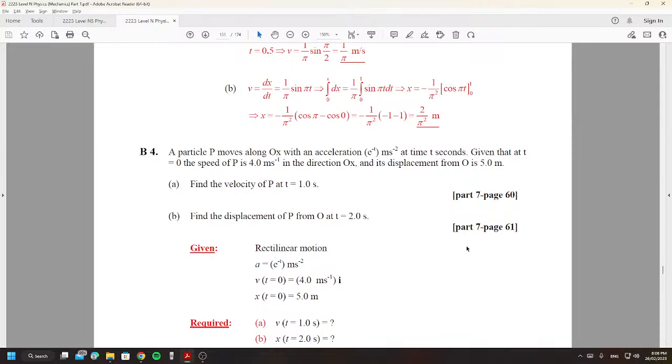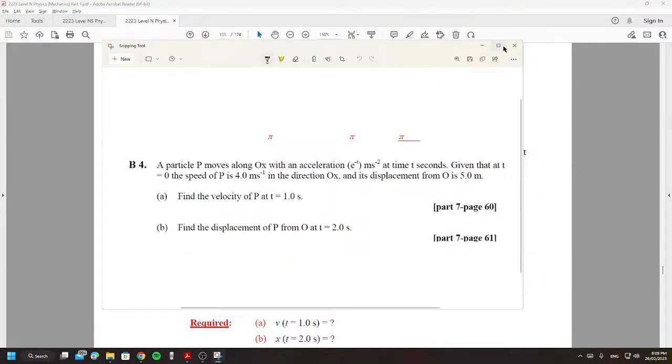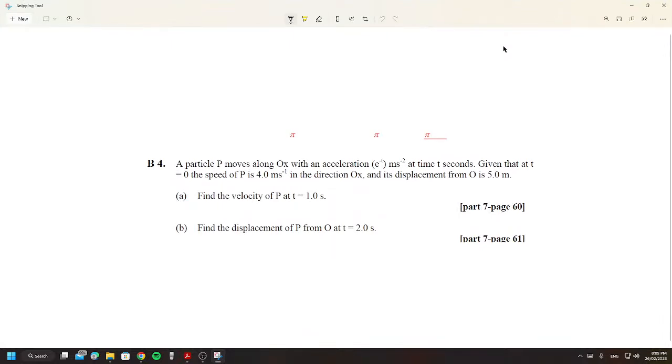What's this? Okay. A particle P moves along OX. Wait, I'm searching something up.